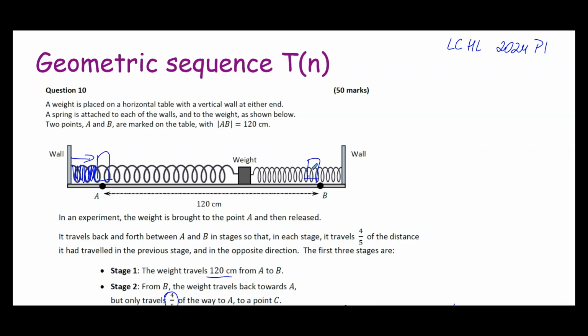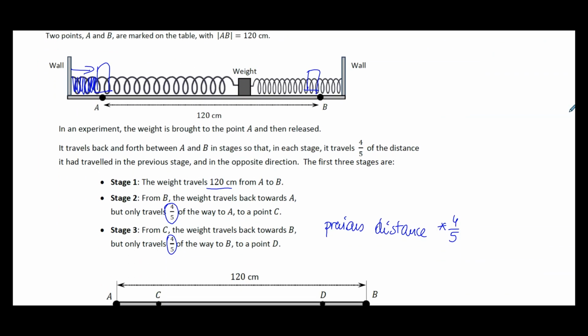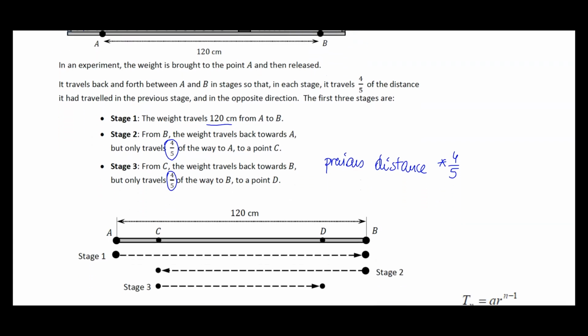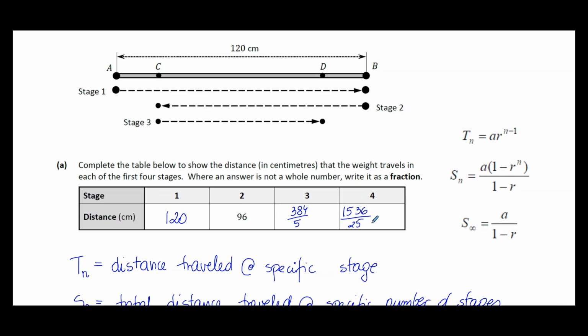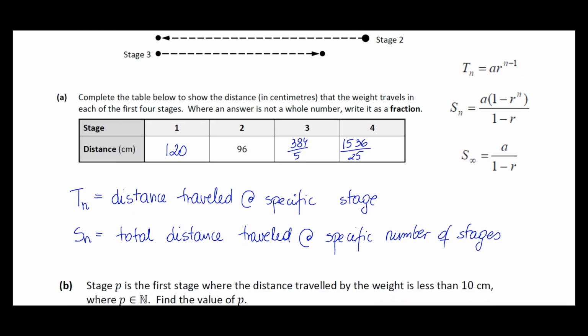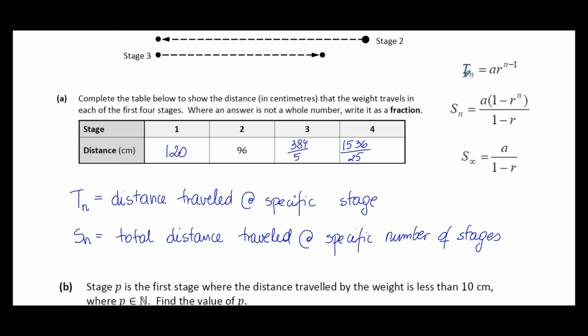Now, we are told that every time the distance of travelling of this weight is getting smaller, and we understand that every time it travels only 4/5 of the previous distance, that's how we knew it was a geometric sequence. And in the first part, we did the table of the distance that the weight travelled. So with geometric sequence, Tn is the value of the term, and Sn is the sum of the first n terms.